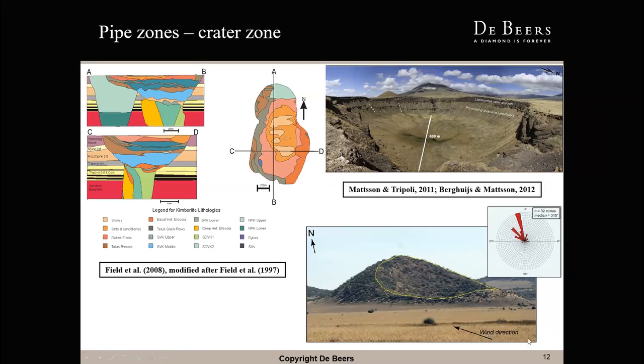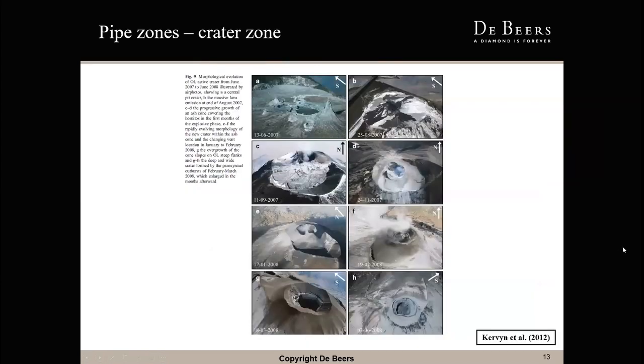It's because the wind was blowing from right to left at the time of eruption, and it deposited the bulk of the ejecta on the left side of the pipe, very little on the right-hand side. So the complexities are not only inside the crater, but also in the extra-crater tuffaceous material. Depending on weather conditions, volume of magma, violence of the eruption, and direction of the blast, you can have very different looking craters in close proximity to each other.